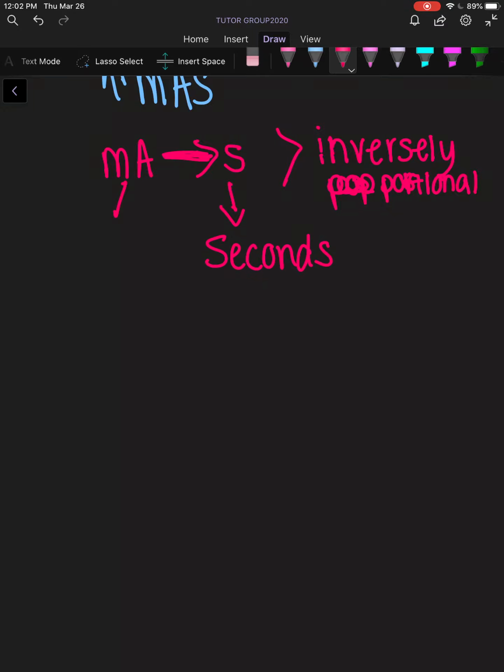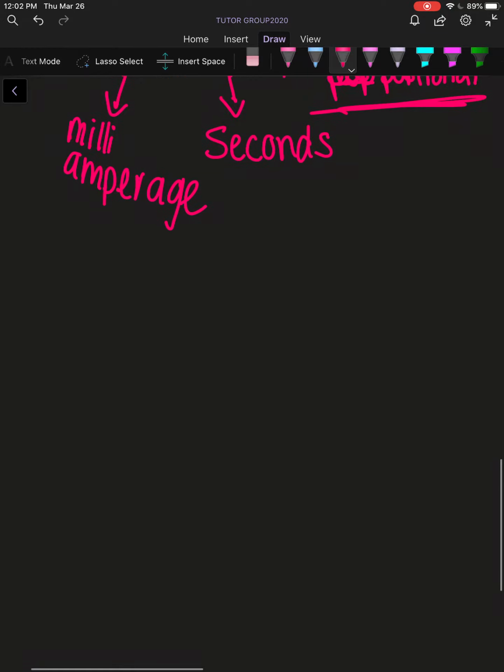S is seconds, mA is milliamperage. But just know that they are inversely proportional. So if I go up in my mA, then I'm going to be going down in my seconds.